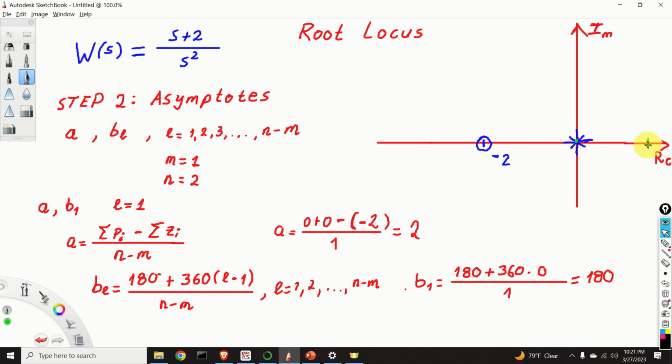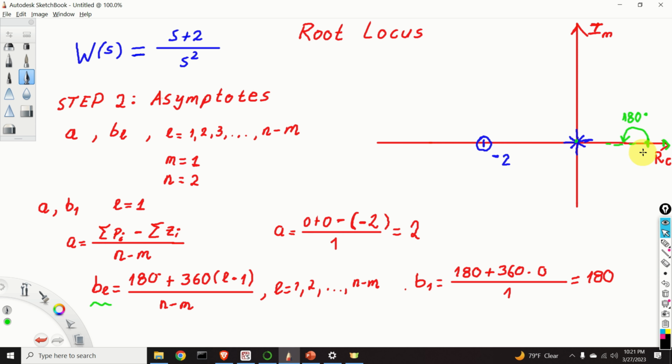And we know that the angle that this asymptote creates with the positive real axis is 180 degrees. Let's illustrate the asymptote for different degrees. So this angle over here is obviously, for example, 135 degrees. By taking this fact into account, we figure out that our asymptote has an angle of 180 degrees with respect to the positive real axis.